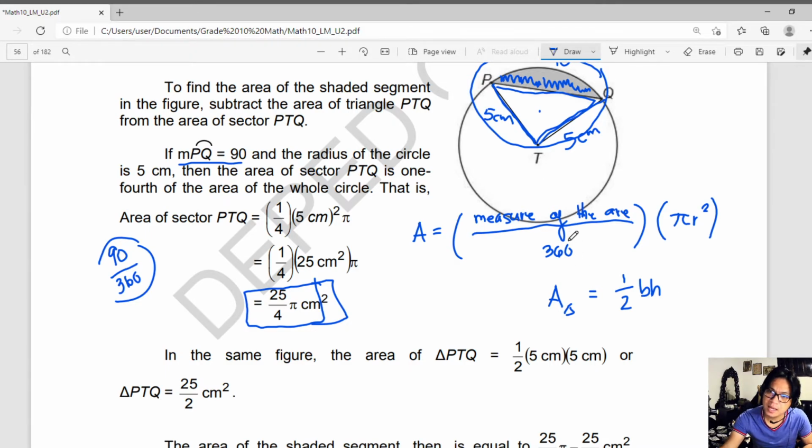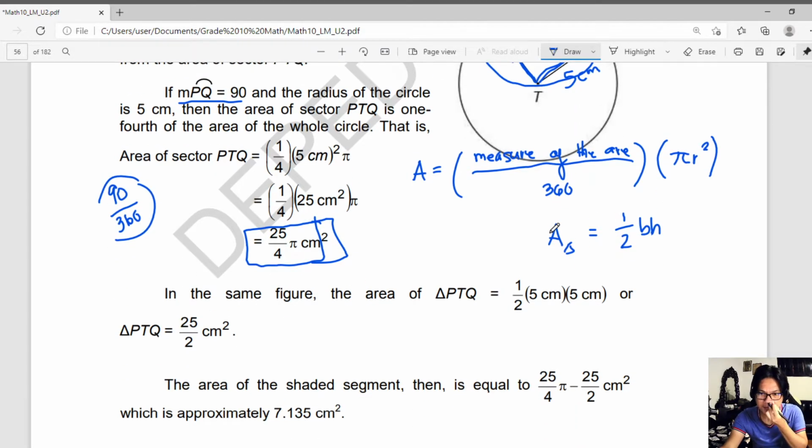This is the base and this is the height. Since they are the same, this can be the base or the height. So we have 1/2 times 5 cm times 5 cm, so triangle PTQ is equal to 25 over 2 cm squared.